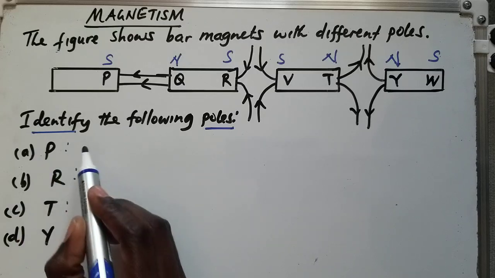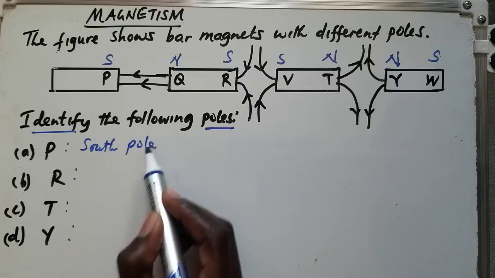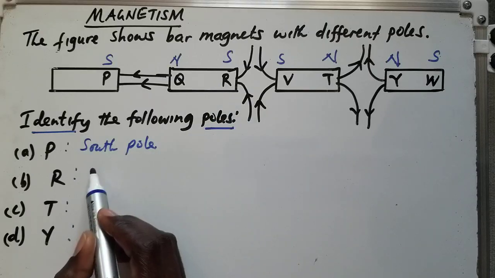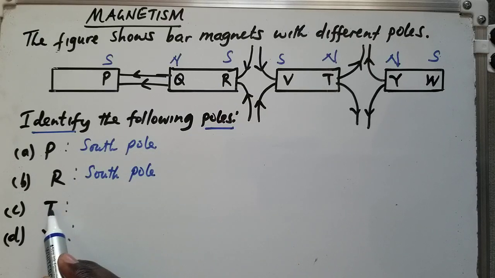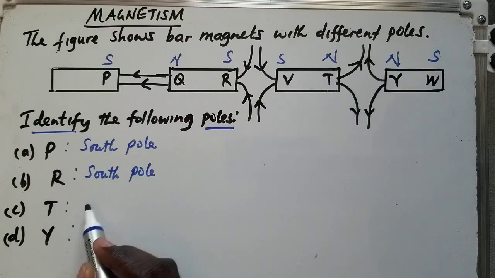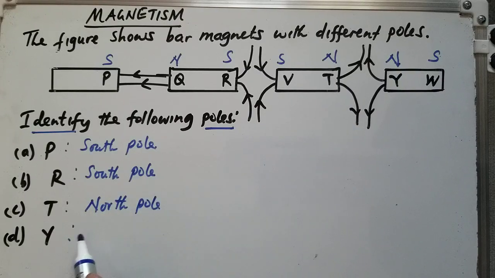So if you look at P, P is simply a south pole. What about R? Again, R is simply a south pole. What about T? If you notice from what we did, T is actually a north pole. And what is Y? Y again is a north pole. So you can see it's very simple in this exam, so you are able to tell.